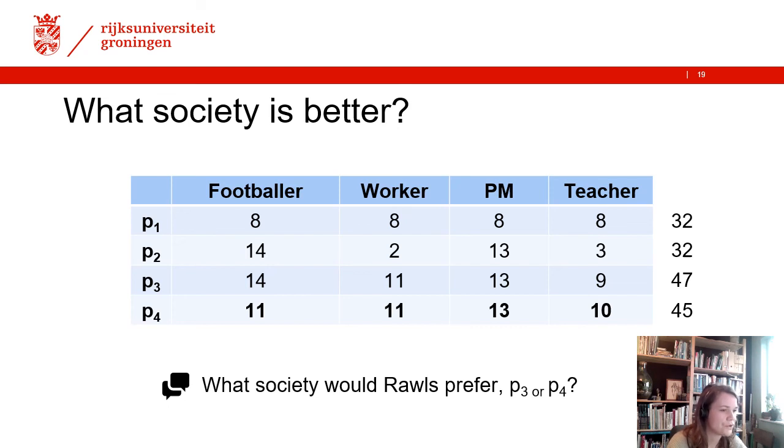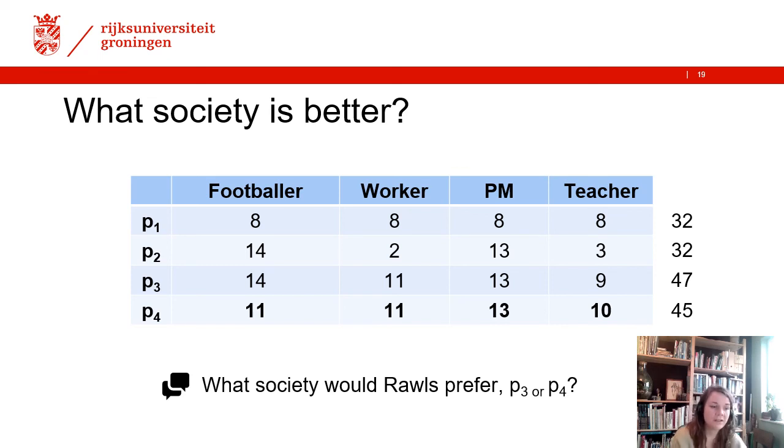In distribution 2, it's the worker actually, but the worker is better off in distribution 3 and 4, so this would be preferred from the perspective of the worker. And if we look at the teacher, then P4 would also be preferred. They would receive 10 instead of 9 or 3. So for Rawls, probably distribution 4 would be preferred.